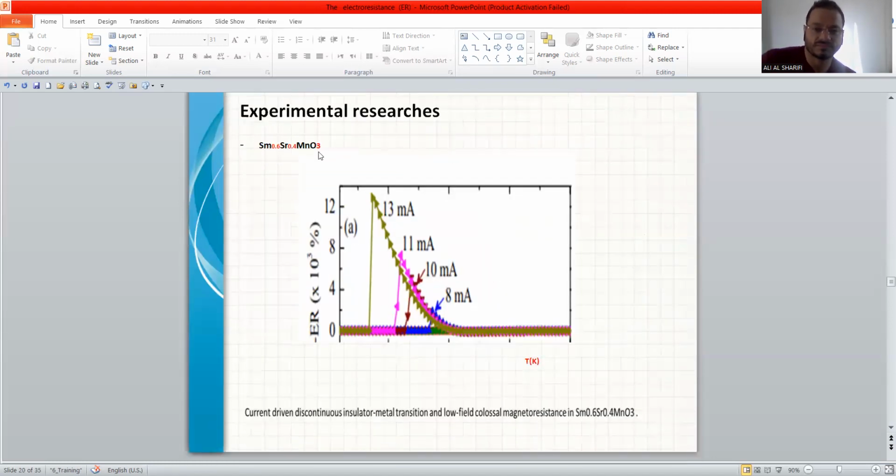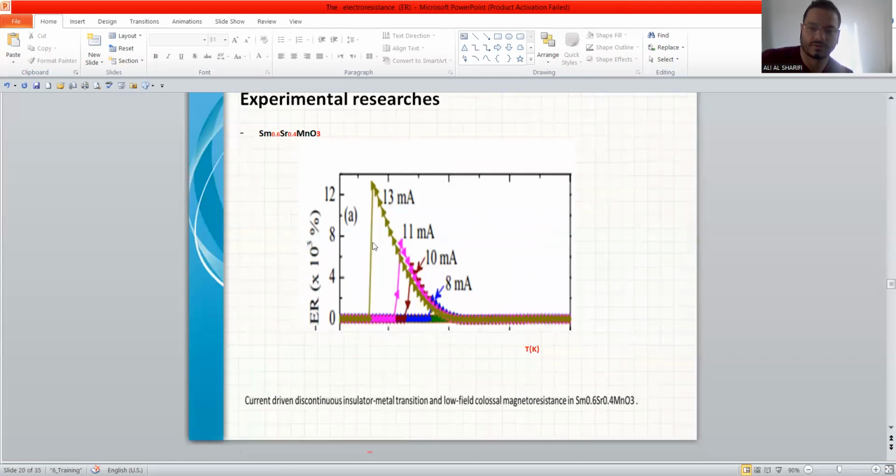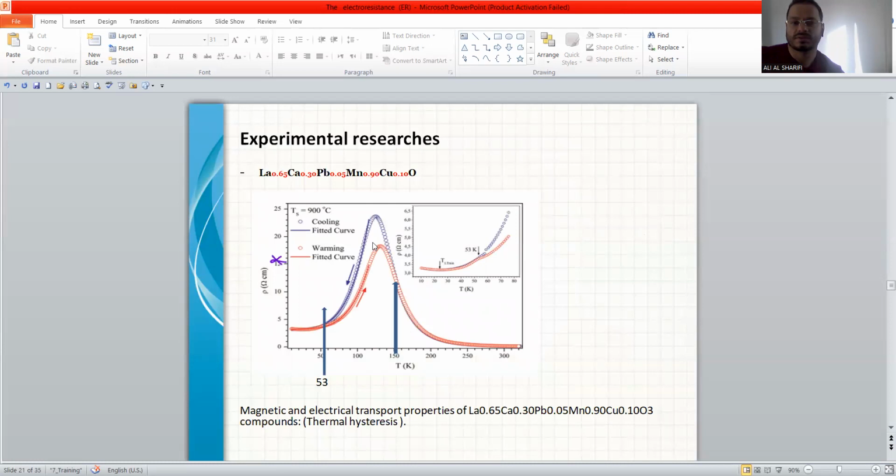Here, for the sample with the electric resistance versus temperature curve, we have the hysteresis by warming and cooling. Here, with another sample, here cooling, here warming. All of this hysteresis starts at more than 50 Kelvin.